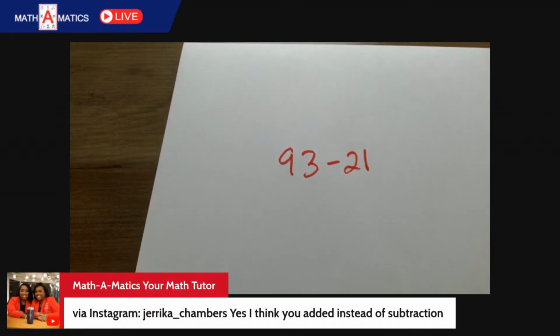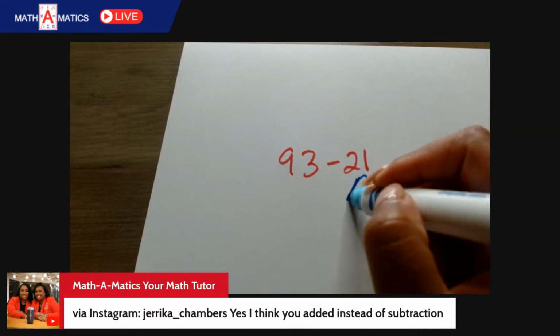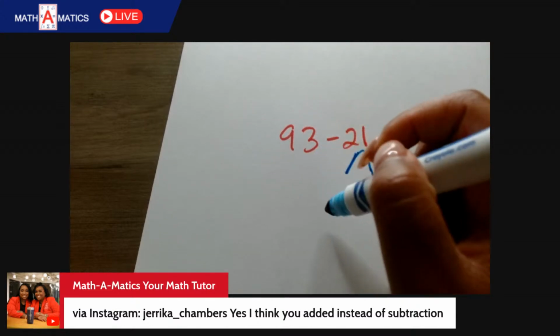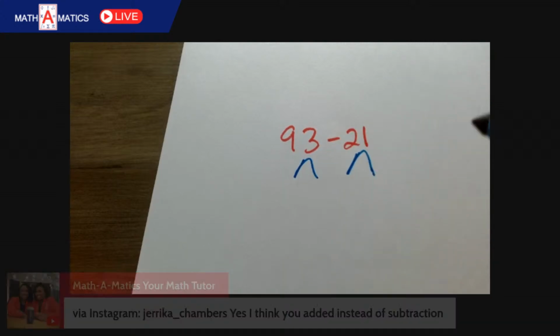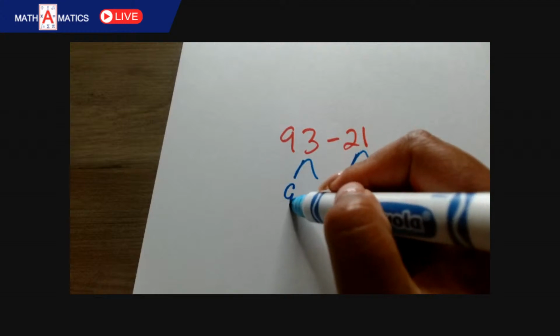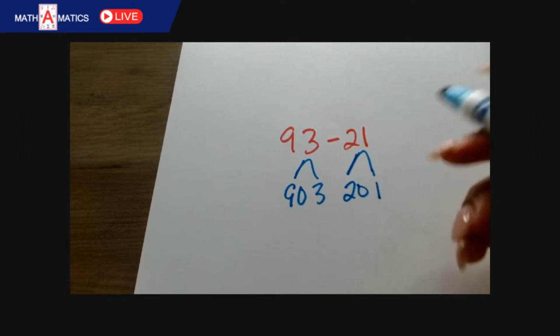I'm gonna have to redo that again, so I will show that way again. I'll do that first for you and then do this way. Great catch, Jerika. I appreciate that. We can break these apart into 90 and 3 and then 20 and 1.